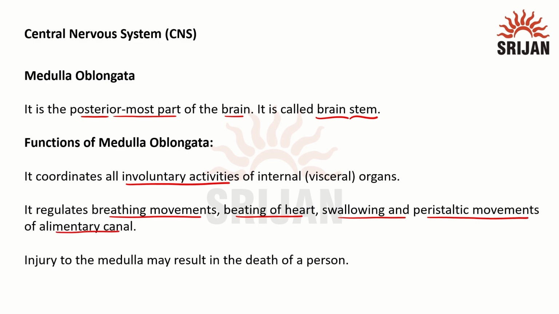Any injury to this part will affect all involuntary activities and thus result in the death of the person. Imagine the breathing movement gets affected. Breathing will be very difficult and the beating of the heart will get affected. Obviously two important organs are getting affected, so that will lead to immediate death of the person.